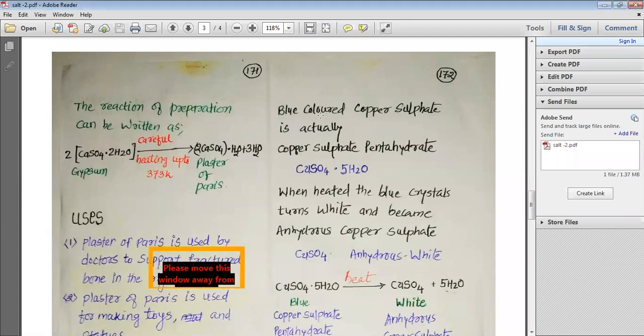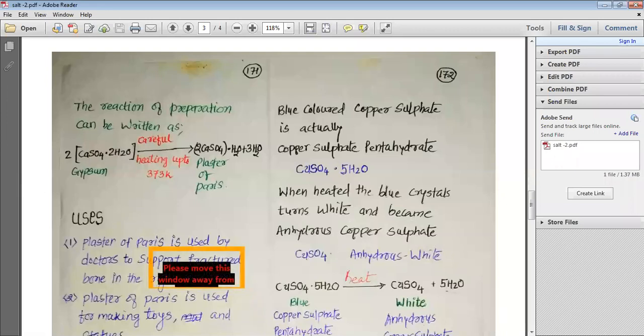Blue copper sulfate is actually copper sulfate pentahydrate. That means it is CuSO4·5H2O. We can say that one molecule of copper sulfate has 5 molecules of water. These 5 molecules of water are also known as the water of crystallization. When heated, the blue crystals turn white and become anhydrous copper sulfate.